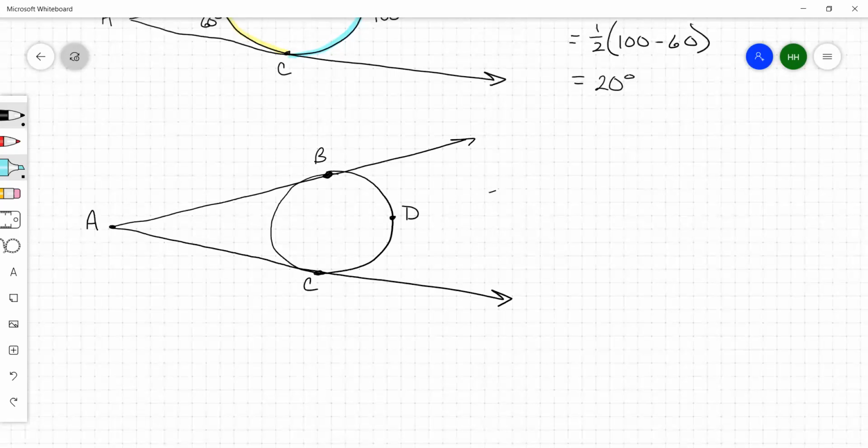The measure of angle A is equal to 1/2 arc, now major arc BDC, minus minor arc BC.